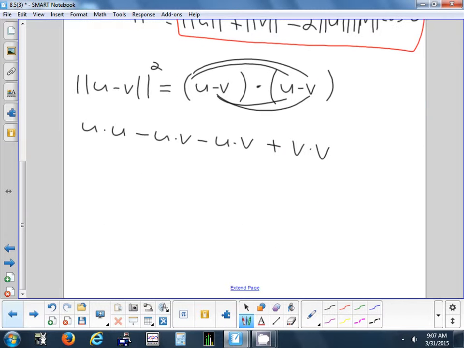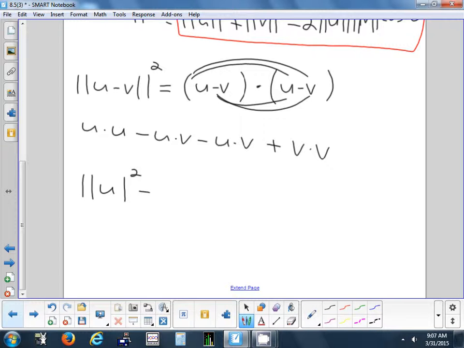All right, now I want to simplify what I can here. What is u dot u? We're going to use that formula we had from earlier on. We actually just used it in reverse; now we're going to use it the other way. Yes, the magnitude of u squared, minus.